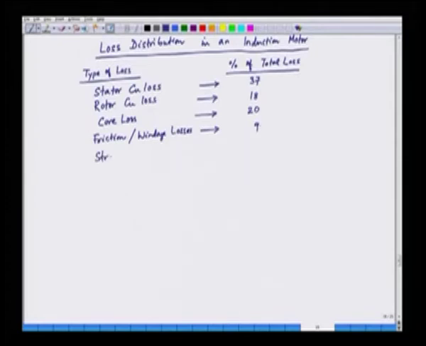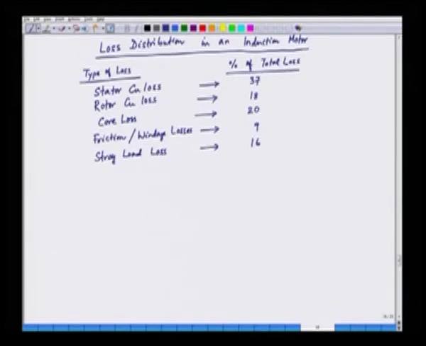Stray load losses are about 16%. So, these are the various losses of an induction motor.